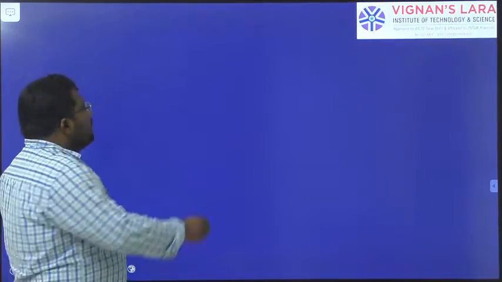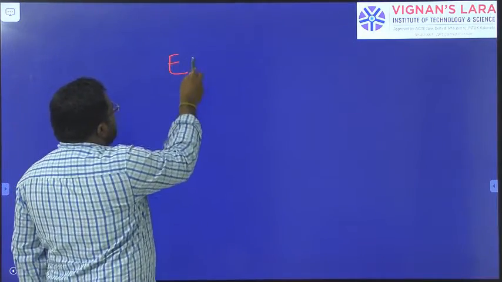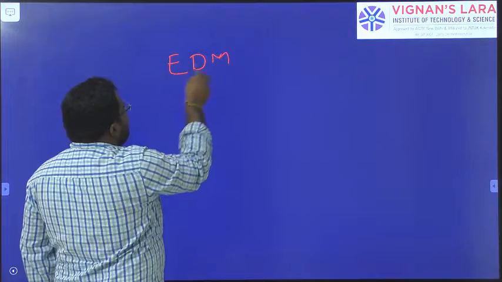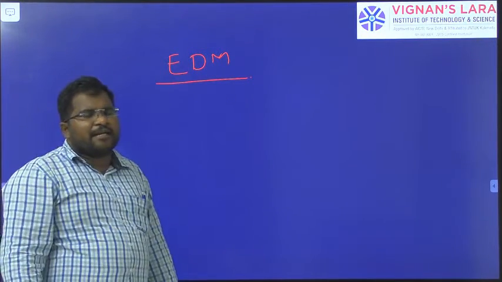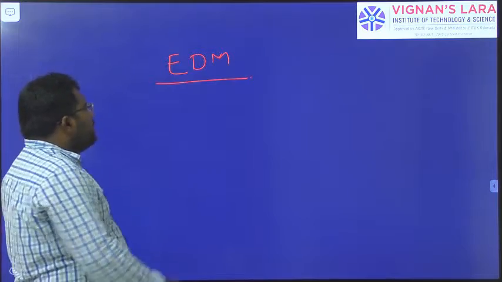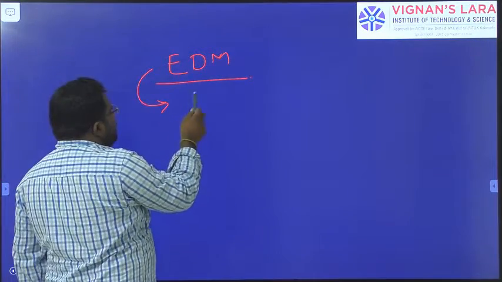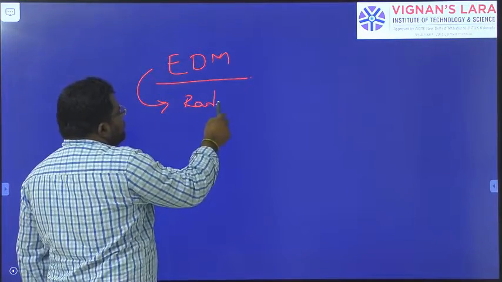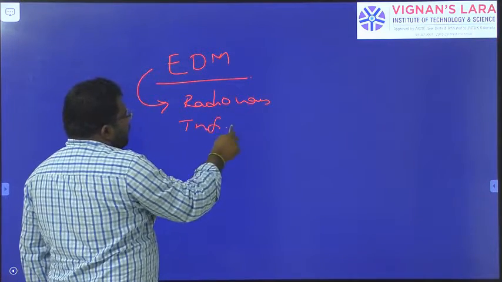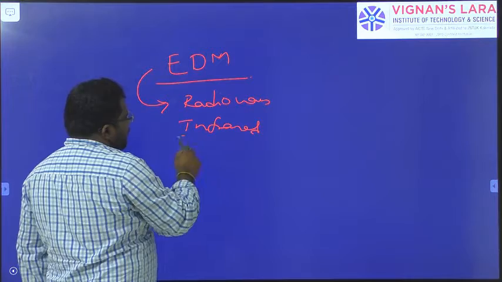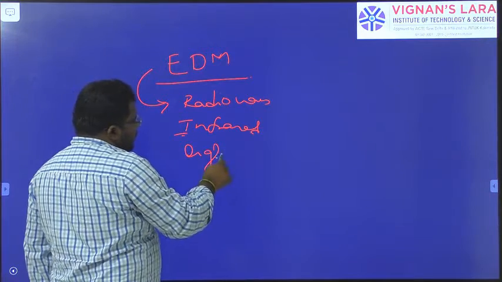We have different methods to measure horizontal distance, but nowadays we have a very advanced system called electromagnetic or electronic distance measurement, right? This measurement can be done by using radio waves, infrared waves, and light waves.